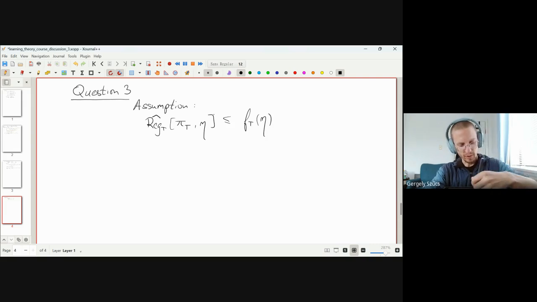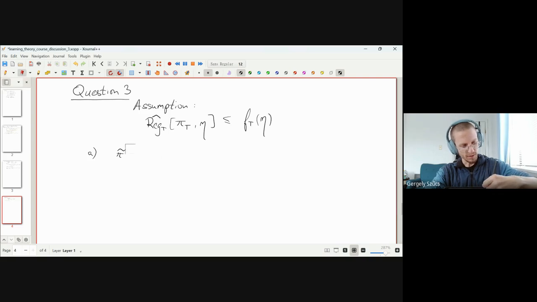As an example, we can think of explore and commit, where we found an optimal m for each time t, and then we had a certain bound, which we're just calling f_t here for that one. Okay, and then in part A we constructed this pi tilde.